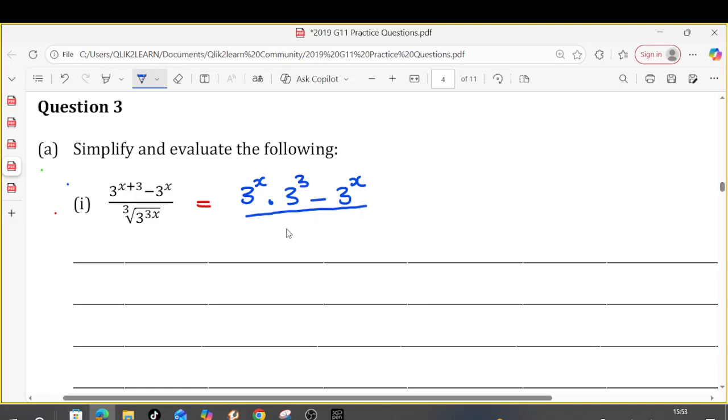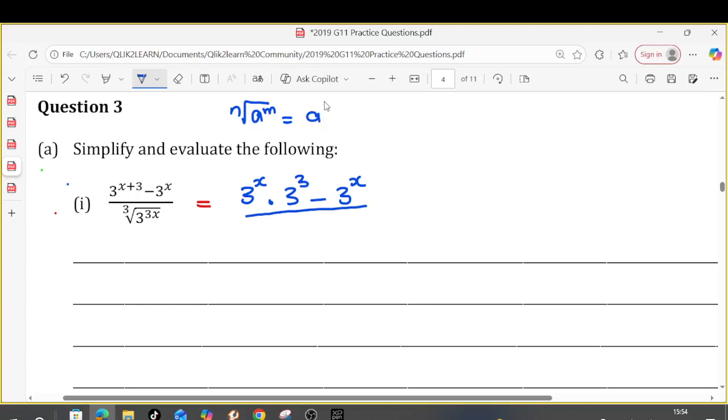Everything is divided by what? I need to remove the square root. Using the laws, remember how do we remove the square root? If I have the nth root of a to the power m, I don't like explaining too much basics, but I know that if I change this thing, someone might be lost.